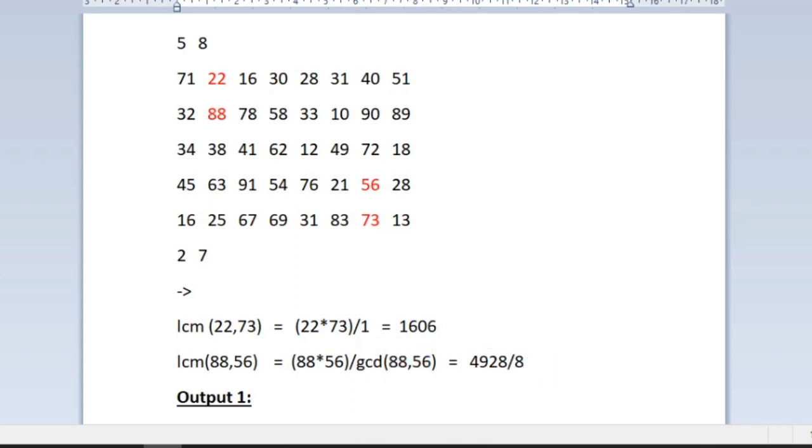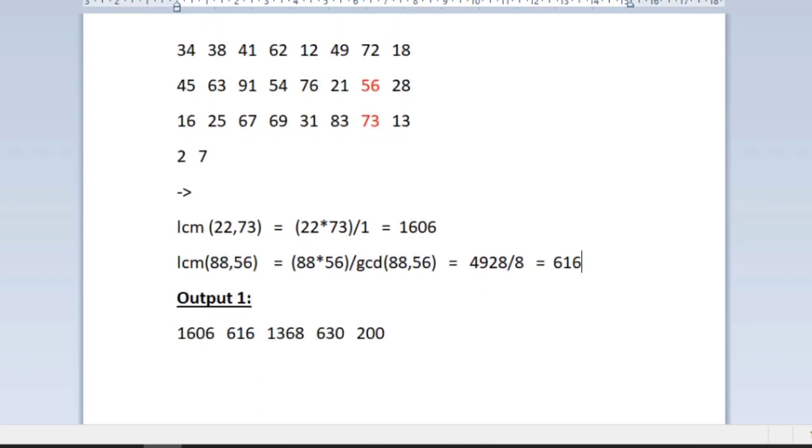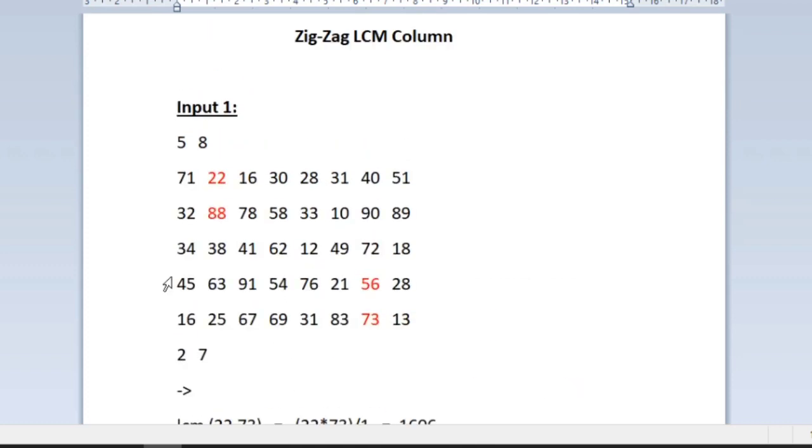So we have to simplify this expression, and that would be our LCM. 4928 divided by 8 would be 616. This would be the LCM of the two numbers 88 and 56. In our output also we can see that the second integer is 616, that is the LCM of 88 and 56.